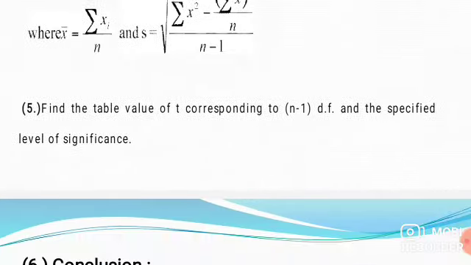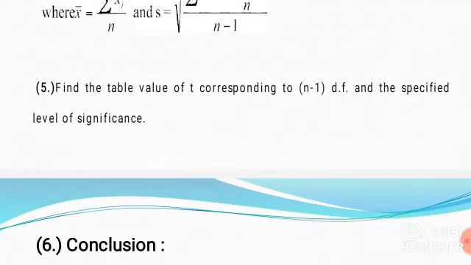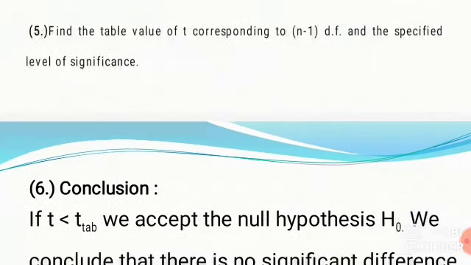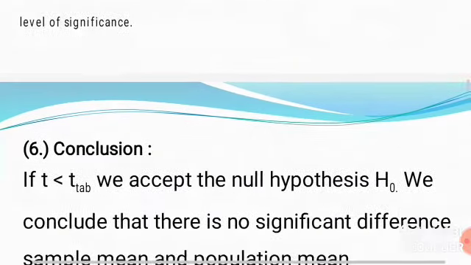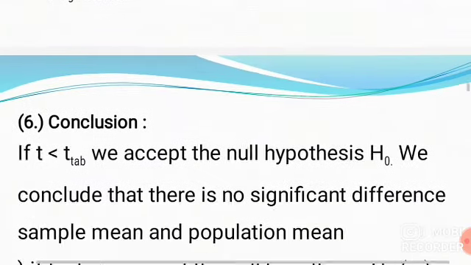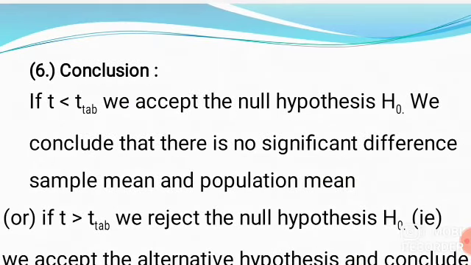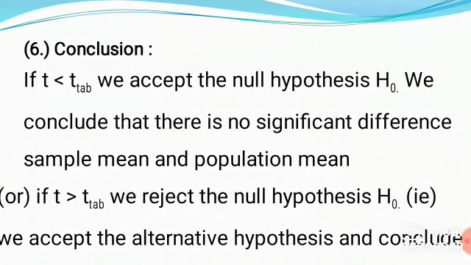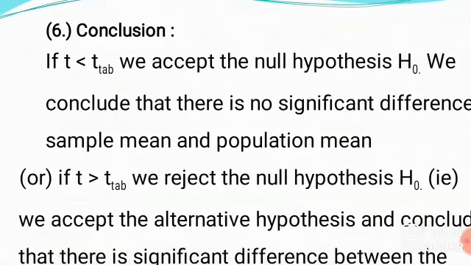Fifth, find the table value of t corresponding to n minus 1 degrees of freedom and the specified level of significance. And sixth and last step of the test of significance, conclusion. If calculated t is less than tabulated t, then we accept the null hypothesis and conclude that there is no significant difference between the sample mean and the population mean.